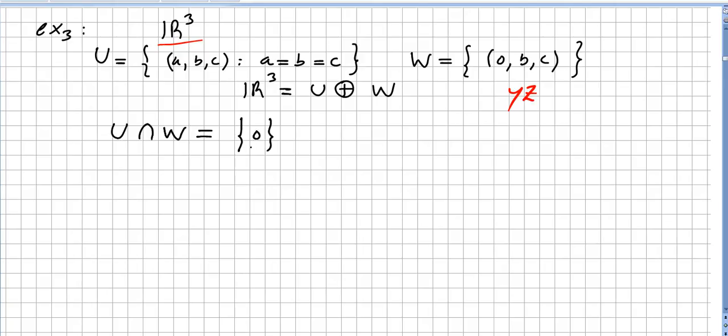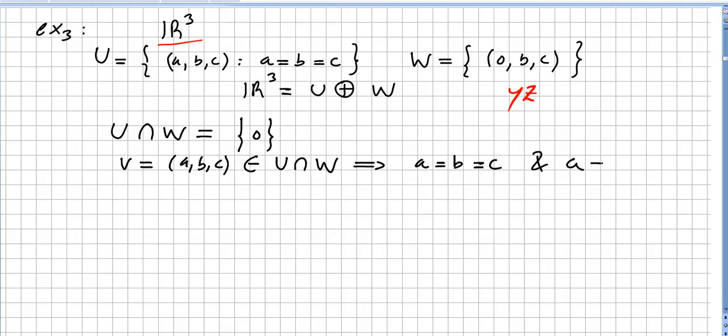Because if we pick a vector V, A, B, C, and if this vector is in the intersection, that means that A has to be equal to B and equal to C. And do not forget here, A is 0.